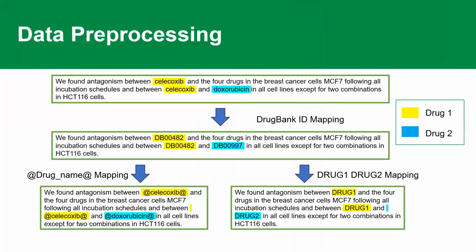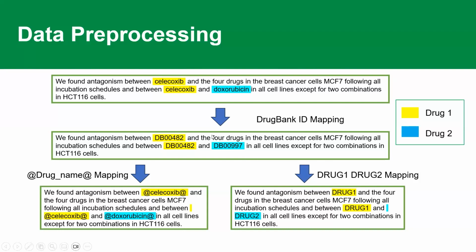So in the data pre-processing step, we said that we have some mapping. Here is an example. This is a sentence. Here there are some drug names. At a time, we are going to consider two drugs. So here, this yellow one is drug 1 and the cyan is drug 2. We replace the drug names with DrugBank IDs first. So here is the replaced sentence.